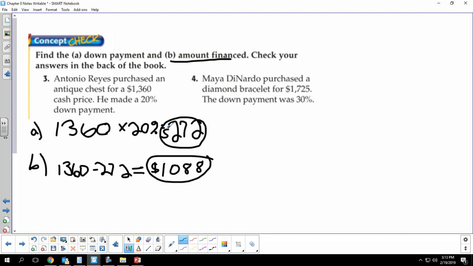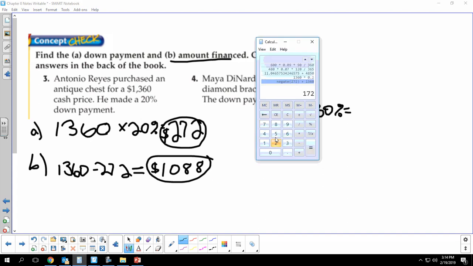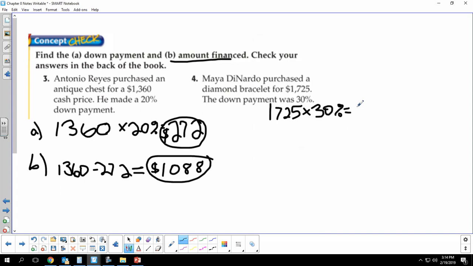All right, next problem. We purchased a diamond bracelet for $1,725. We make a 30% down payment. Let's calculate what that is. It's $517.50. Then we want to subtract that off of our original amount.